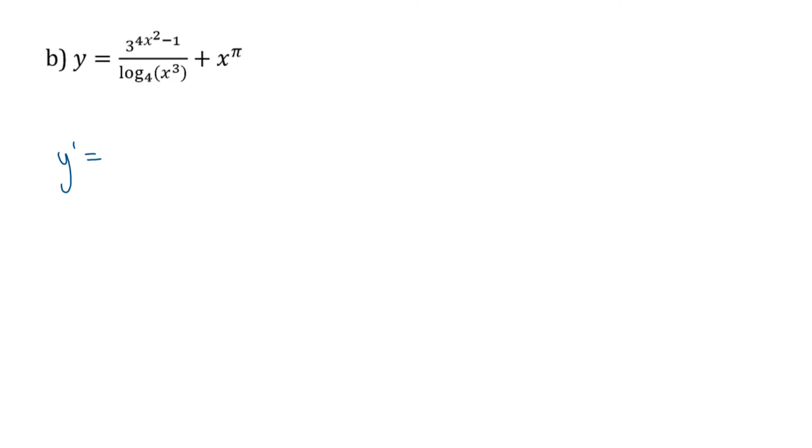So the derivative of the top is 3 to the 4x squared minus 1. That looks like that's the whole exponent there. Okay, times the derivative of the exponent, which is 8x. For the derivative of 4x squared is 8x.